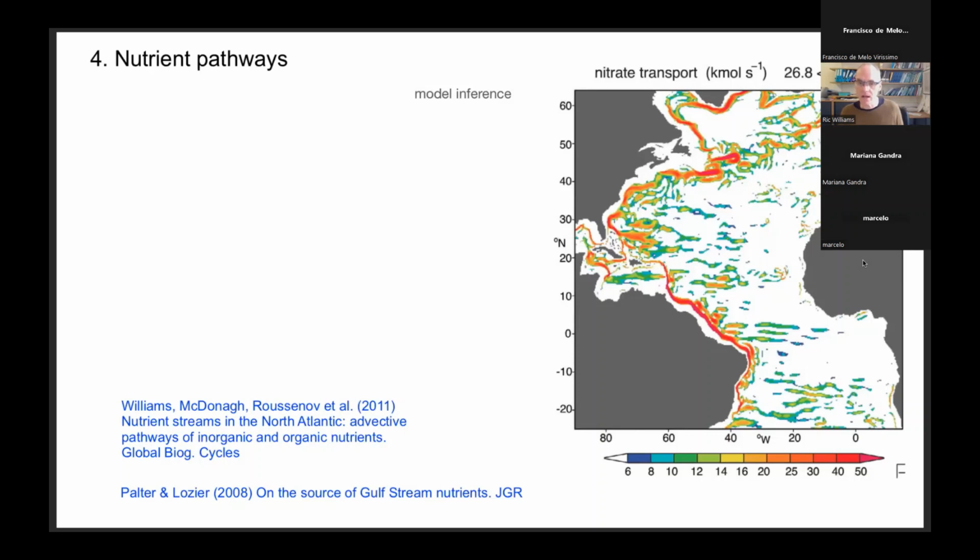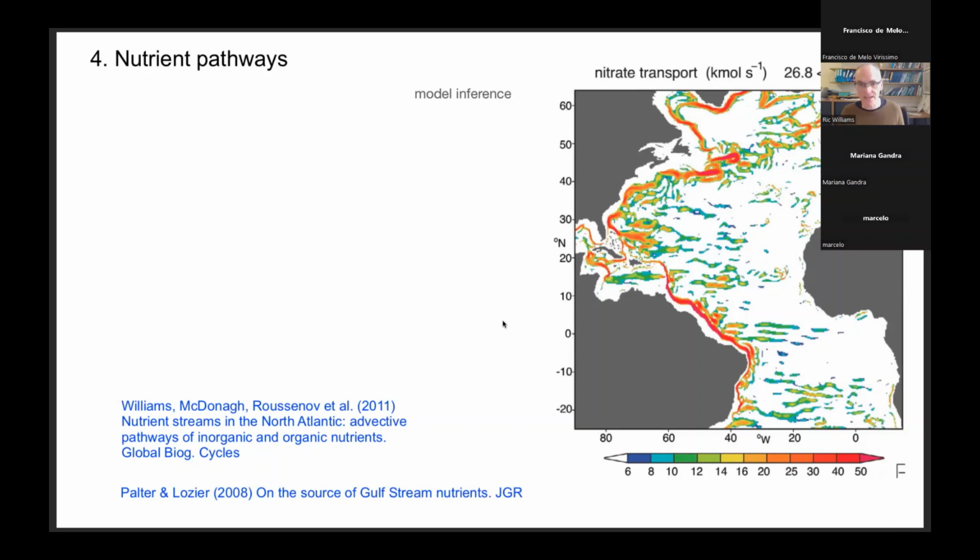So we then also did model studies to show this process, and this was a model study where we used a model configured in density coordinates, and this is a plot of the nitrate transport carried by the strong flows, and we see a signal, this high value of the nutrients being carried along the boundary current and further into the subpolar gyre.